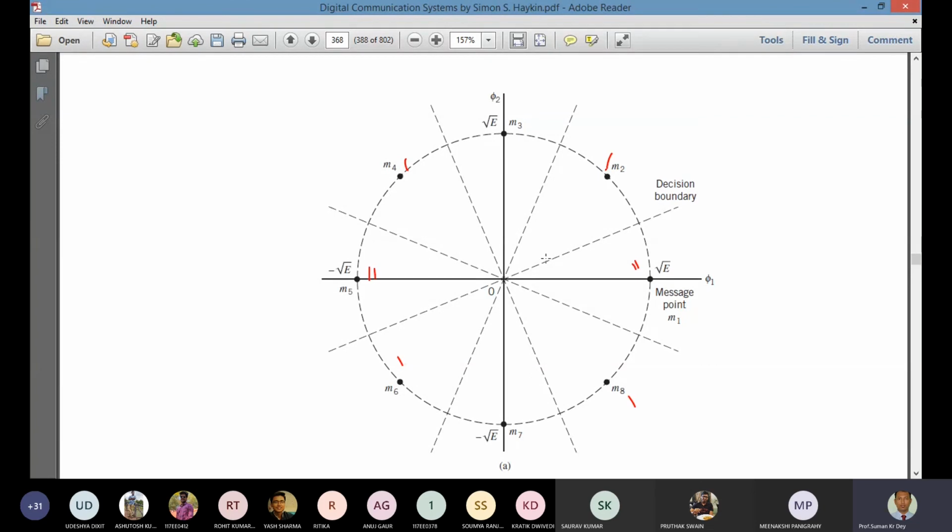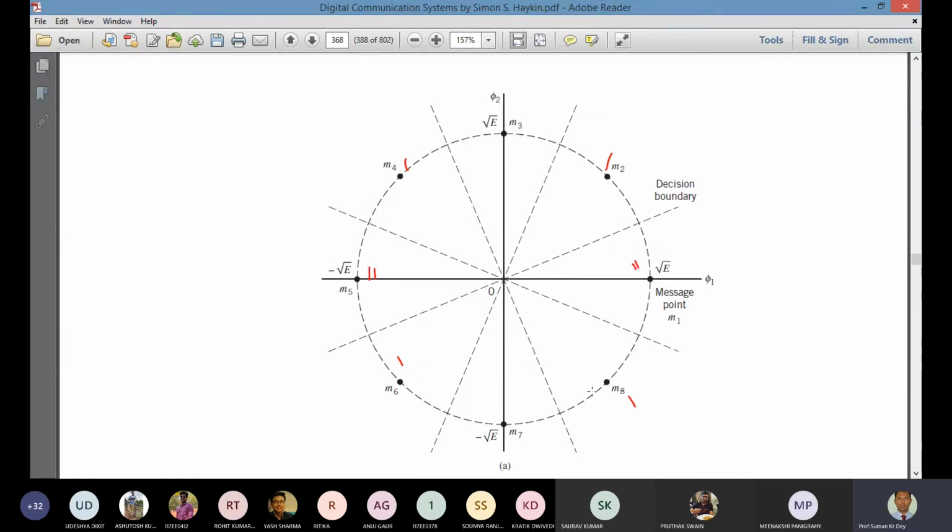Now when we consider M equal to 8, that means 2 pi or 360 degrees will be divided equally among the 8 M values, and these will be the different positions for the message signal. Normally the message signals are placed anticlockwise.